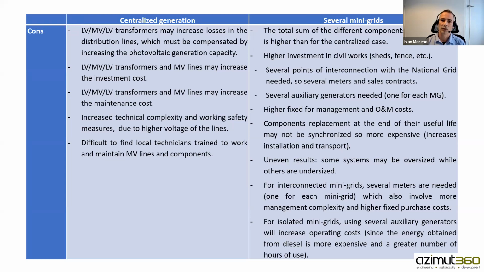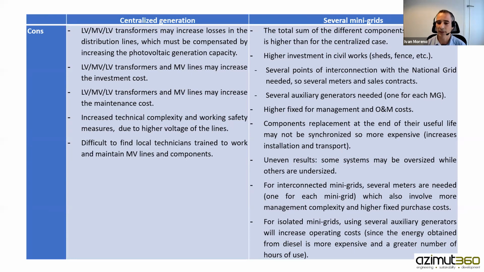It's difficult to find local technicians trained to work in medium voltage lines, but if it is needed, it needs training, and a small team of people could be specialized in these medium voltage lines. These are the main cons, weaknesses, of the centralized generation.